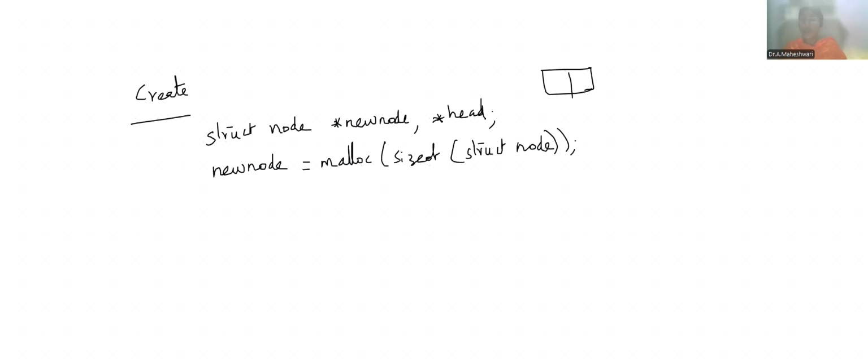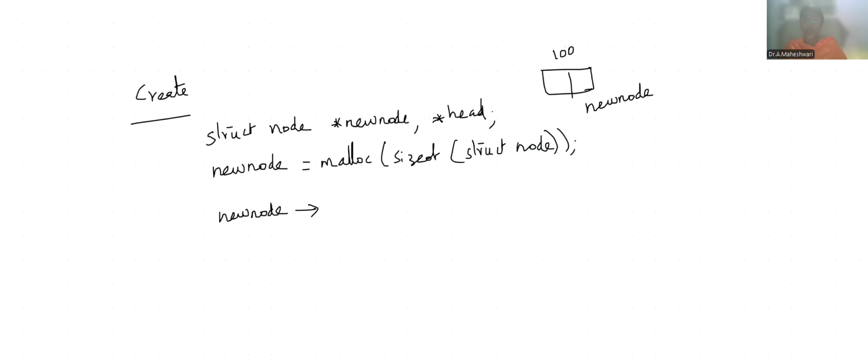So here the name of this node is new node. Take the assumption that the address of this node is 100. Okay. Next I want to fill the first field and the second field. How can I access the first field? new node arrow. It's a pointer, right? So I have to use the arrow symbol followed by the first field, data.